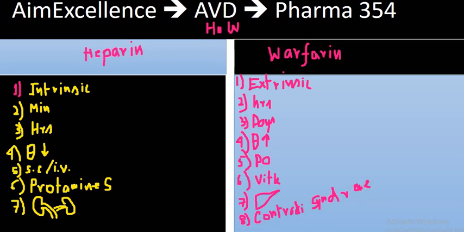There is a mnemonic for that: NCC. NCC stands for hypoplasia of nasal bridge, chondrodysplasia, and CNS malformation.